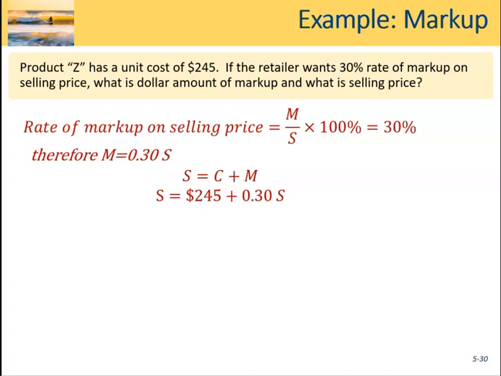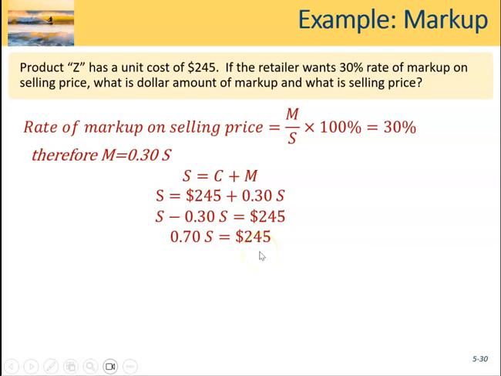We want to subtract 0.3 S from the right side, so therefore we want to subtract 0.3 S from the left side. Okay, so now we've got S minus 0.3 S equals 245. Let's consolidate our S's. S minus 0.3 S gives us 0.7 S equals 245.